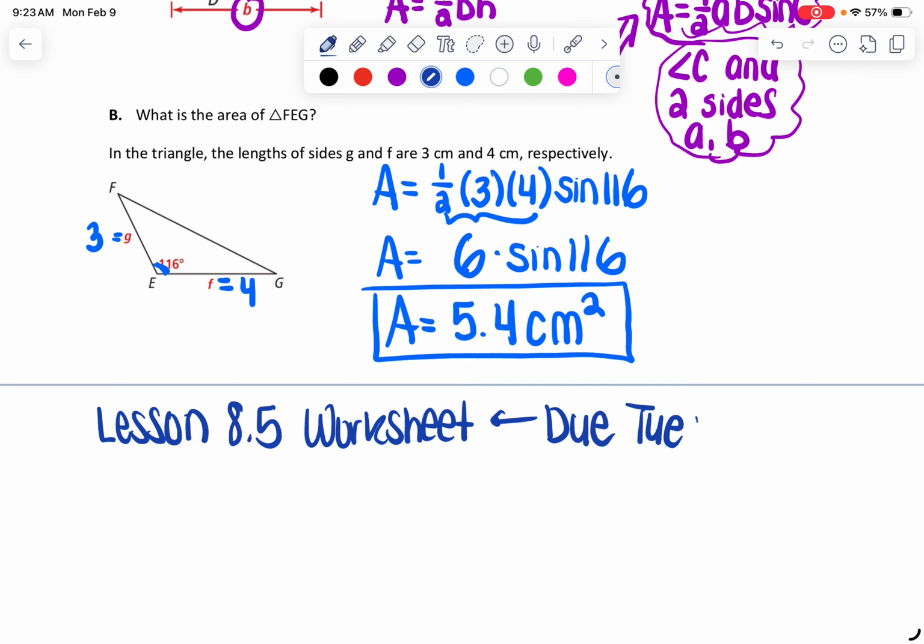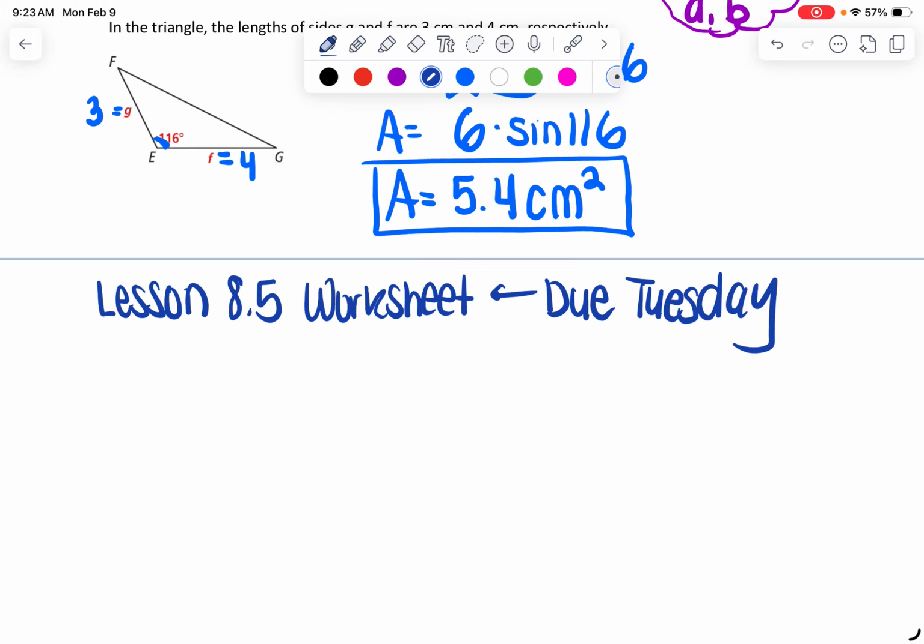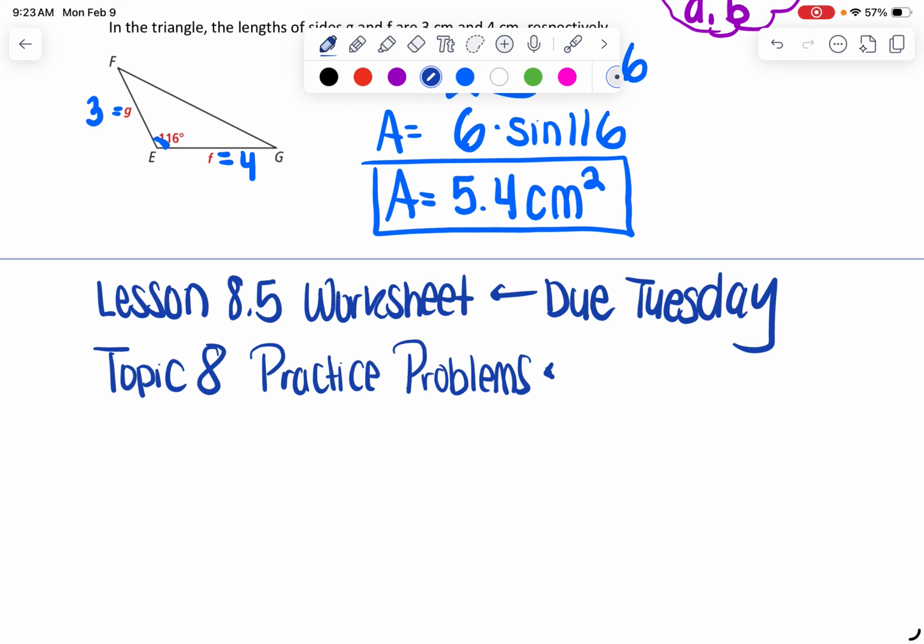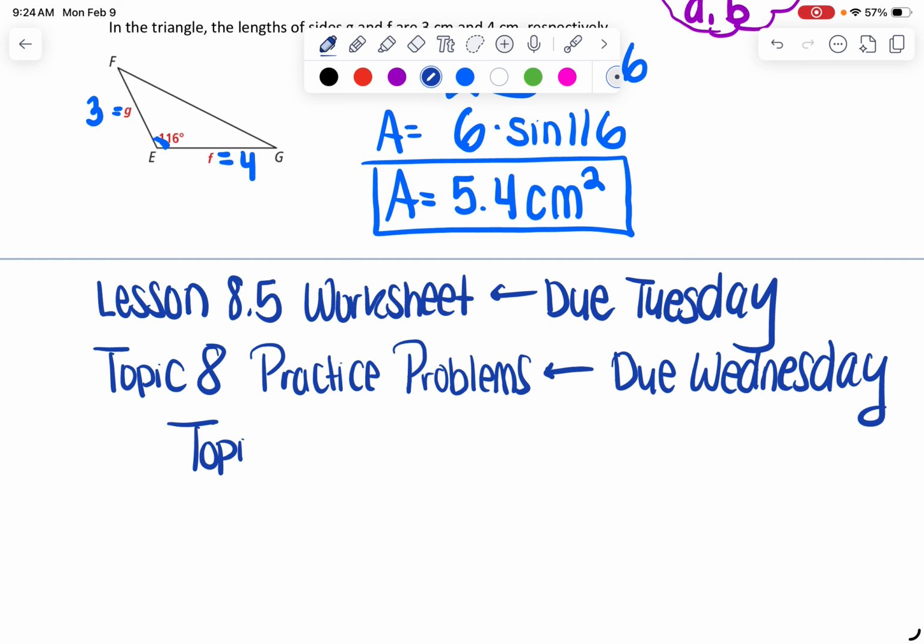And then if you do finish that worksheet, I also do have the topic 8 practice problems. That packet that I handed out is going to be due on the day of the test, so due Wednesday. Tomorrow, you'll just work on that packet, along with the worksheet if you need more time. But then our test is the topic 8 test on Wednesday.